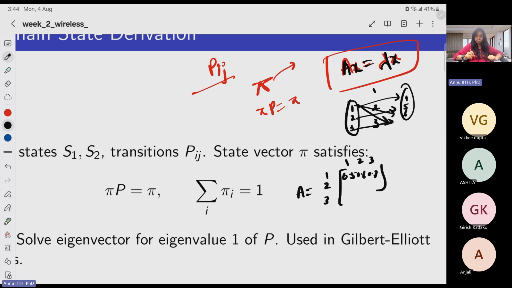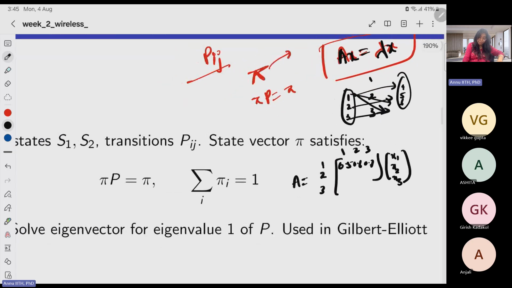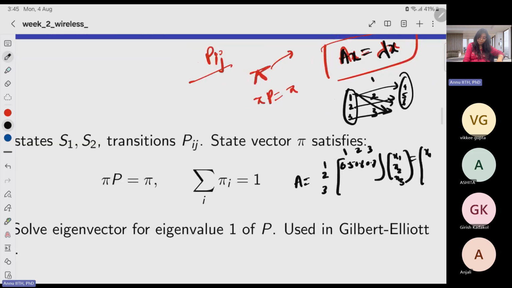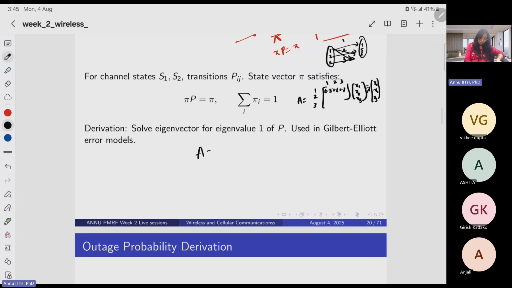Now you have the function. If it is multiplied with any vector, suppose the input is x1, x2, x3, you get the same vector x1, x2, x3 with some scaling factor. So we had Ax equals lambda x, isn't it?